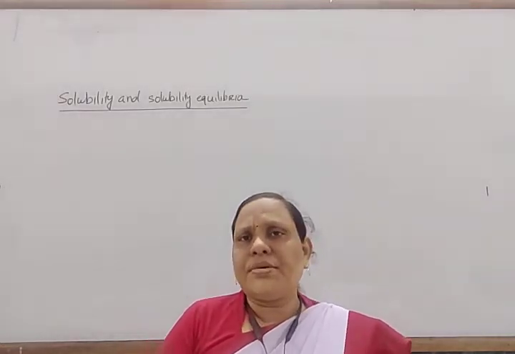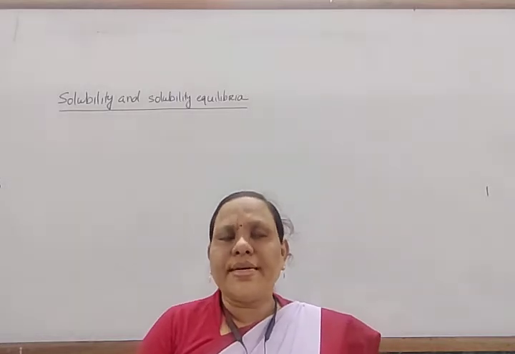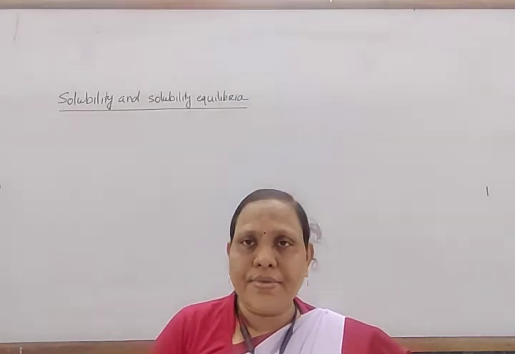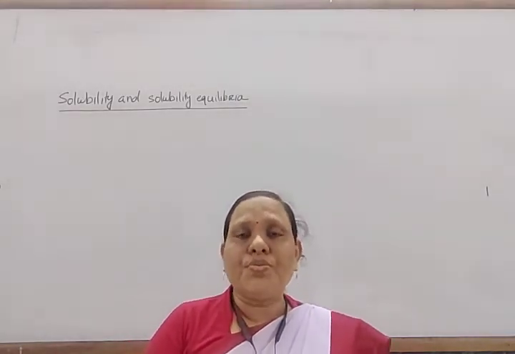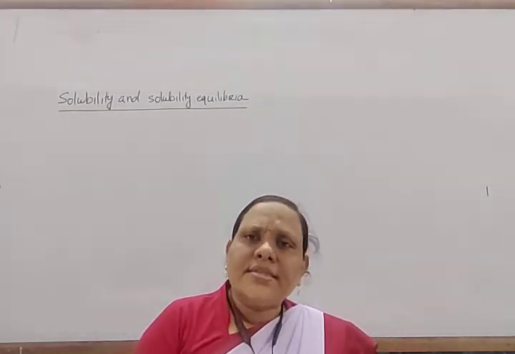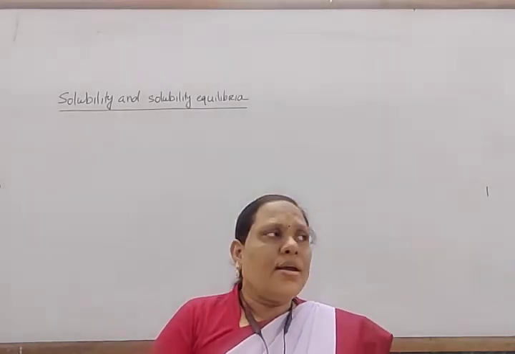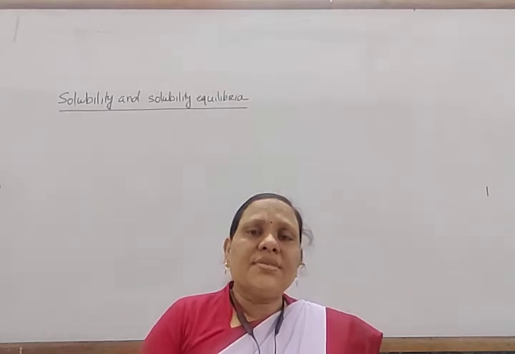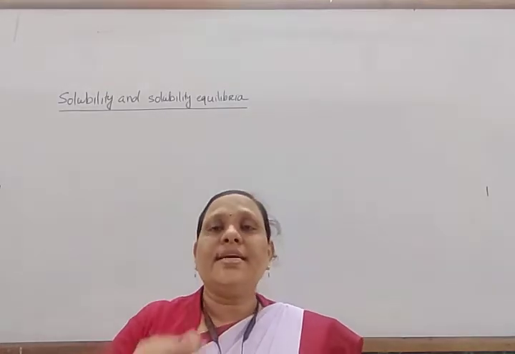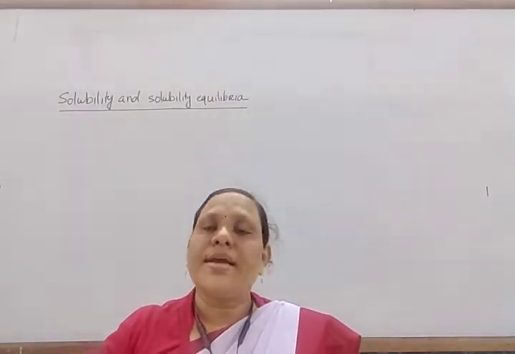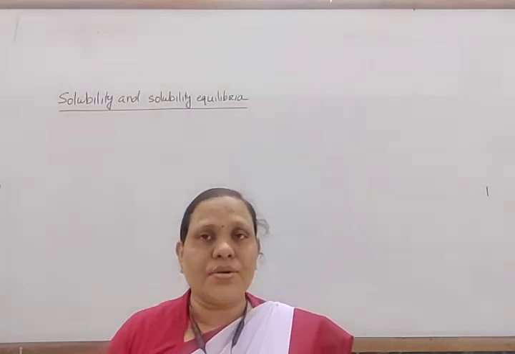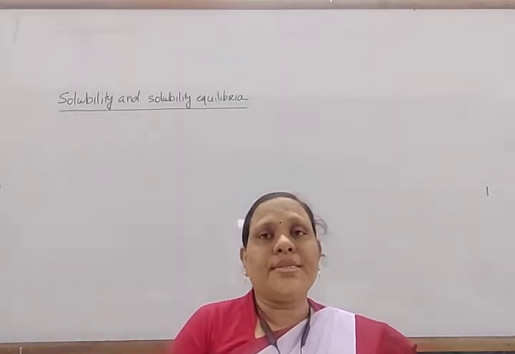You know, there are different types of salts like sodium chloride, copper sulfate, potassium chloride, sodium sulfate. These salts are highly soluble in water. While some salts like silver chromate, silver chloride, lead iodide, or lead chloride are less soluble in water. When a salt is in its saturated solution, it is in equilibrium with its ions.